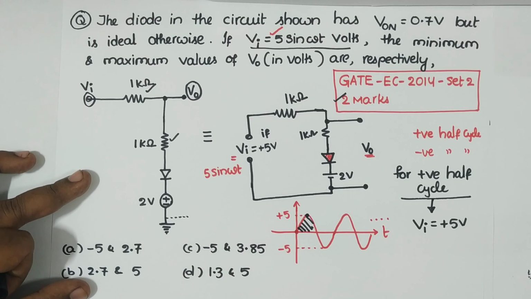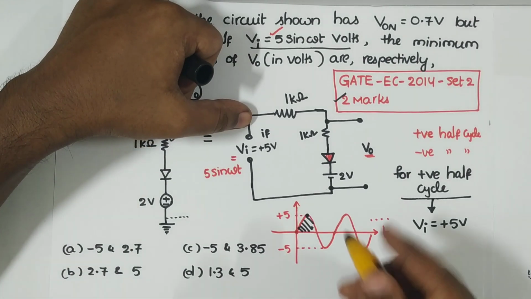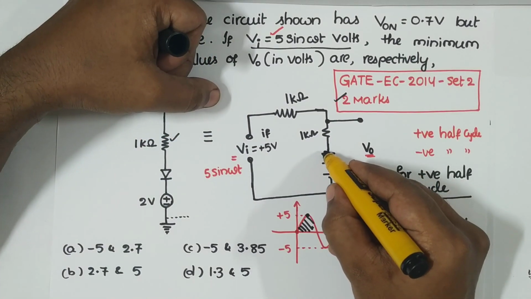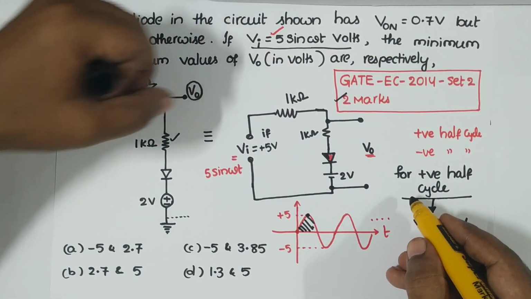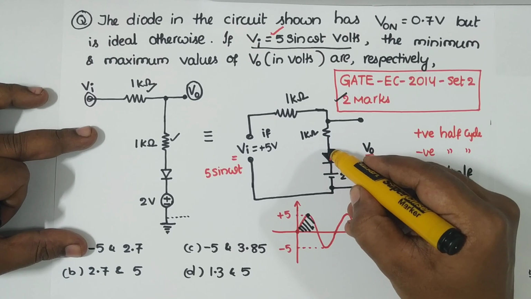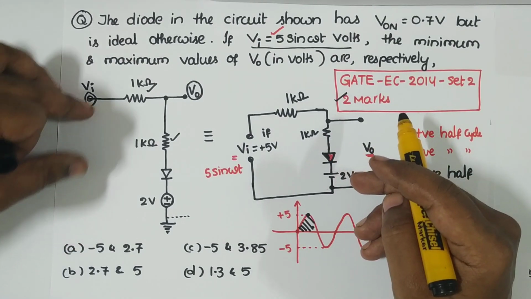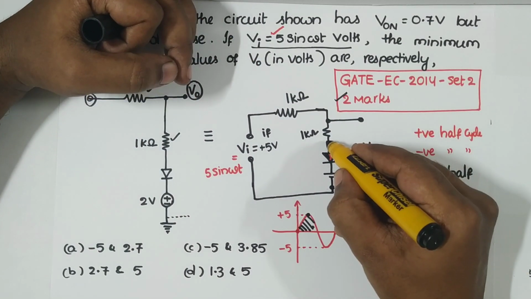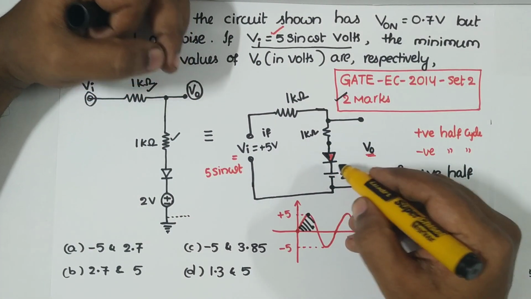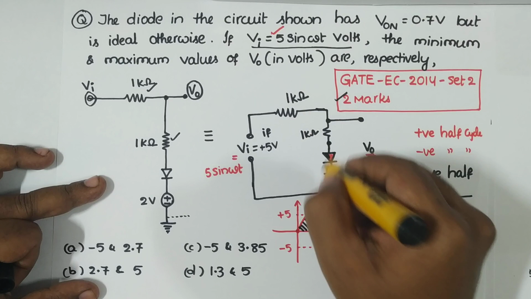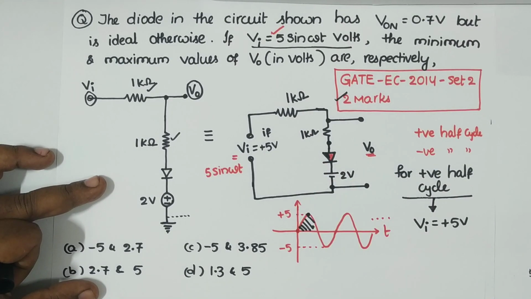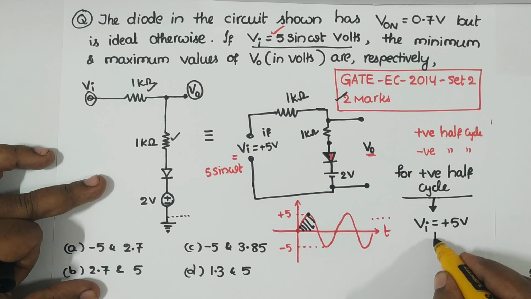That means this PN junction diode must be on, because the anode is more positive than the cathode. I have 2 volt here and this anode is made more positive than the cathode, so this diode is forward biased and hence current will flow through this circuit.